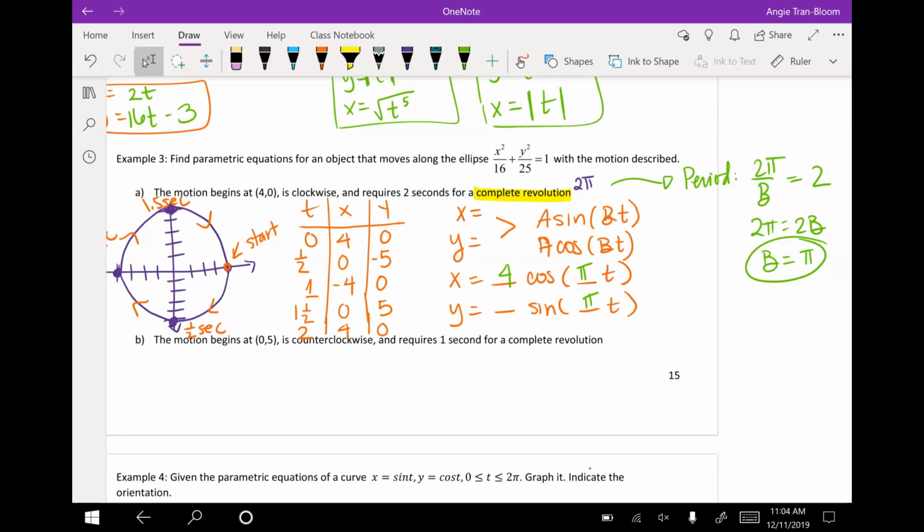So when I plug in a half, sine of half times pi is what? Half pi, pi over 2, sine of pi over 2 is 1. I would like my a value to be -5. So what must go in the front? -5. Okay. So that gets a -5, and that would be the conclusion of our notes today.